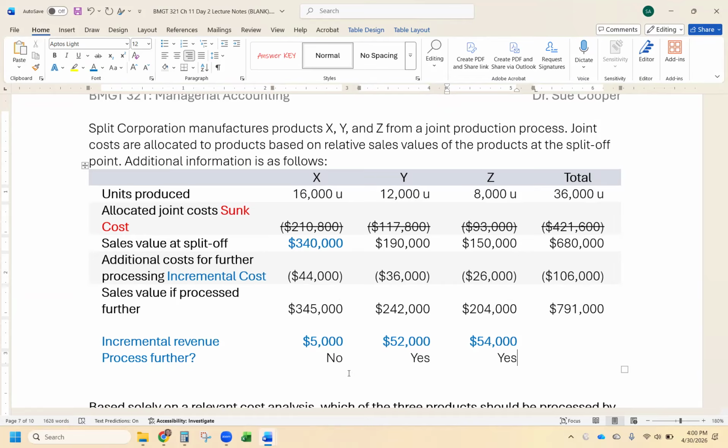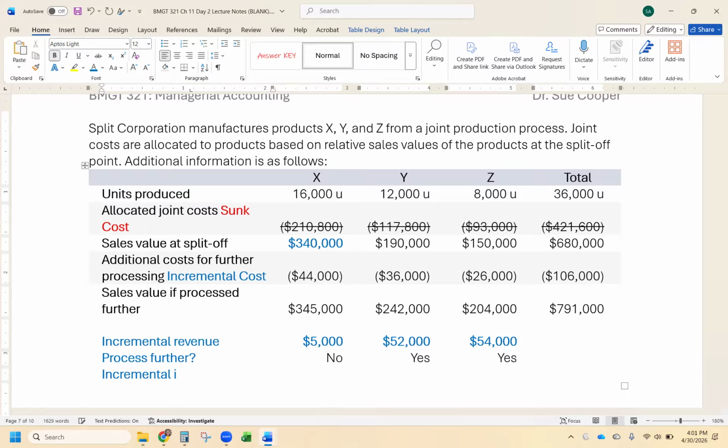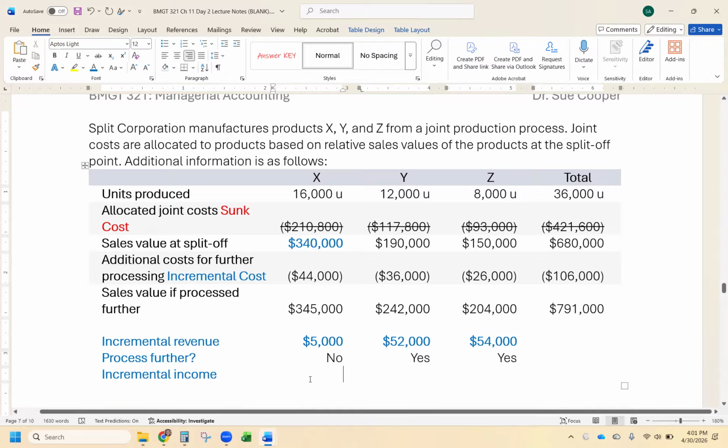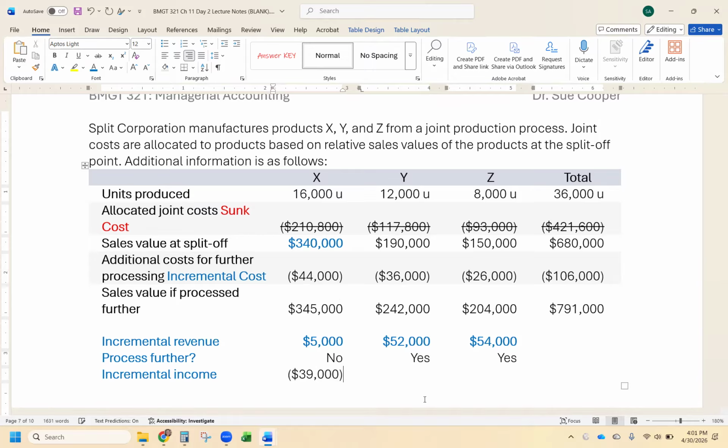Because we're now comparing the costs and the revenues. There's another value we could calculate. We could also calculate the incremental income or profit, which would just be the incremental revenue minus the incremental costs. So for this one, it would be negative 39, the net income if we do it.